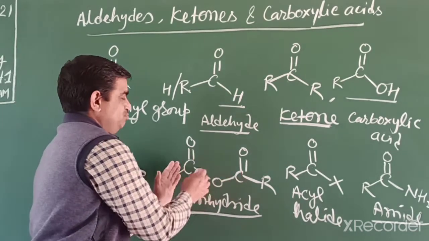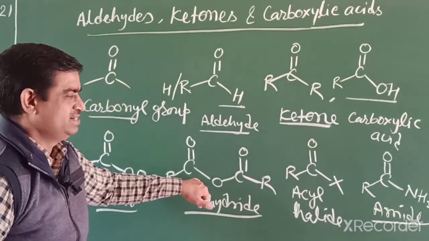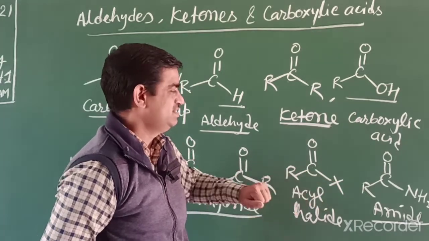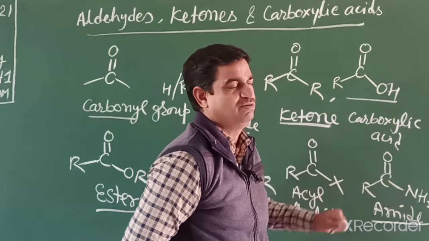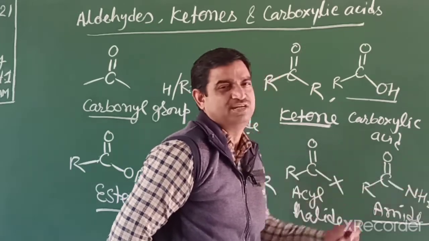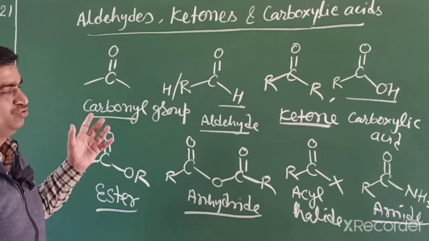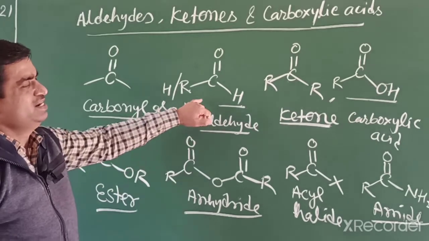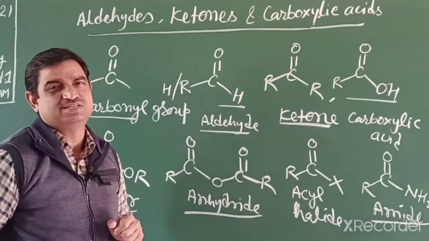If there is another carbonyl with oxygen between, that is an anhydride. If a halogen is attached directly, it is an acyl halide. And if nitrogen is attached, it is converted into an amide. This amide can further be primary, secondary or tertiary. So in this chapter we will discuss in detail aldehydes, ketones and carboxylic acids, and some derivatives.